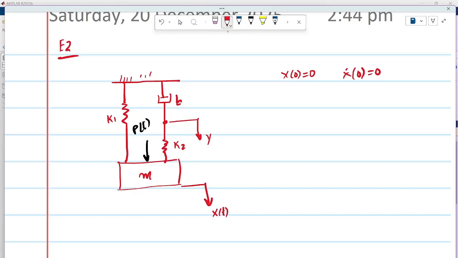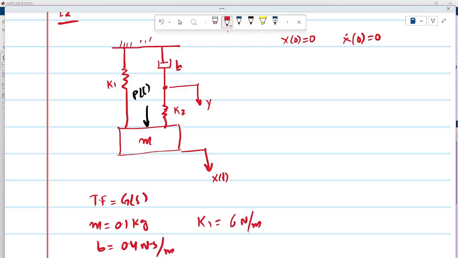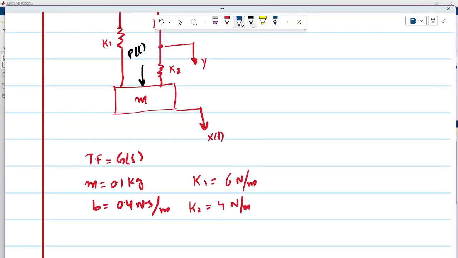We also have to obtain the transfer function of this system, that is G of s, if the mass of our system is 0.1 kilogram, the damping is 0.4 newton second per meter, k1 equals 6 newton per meter, and k2 equals 4 newton per meter. And assume that the step force has a magnitude of 10.